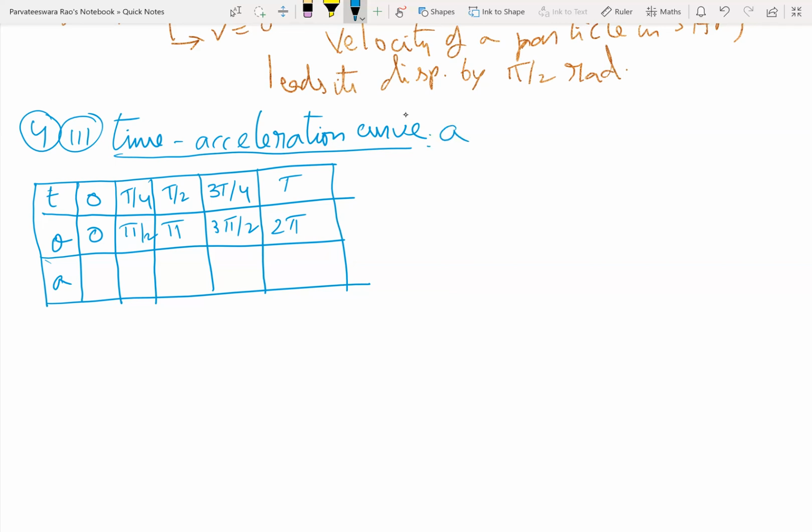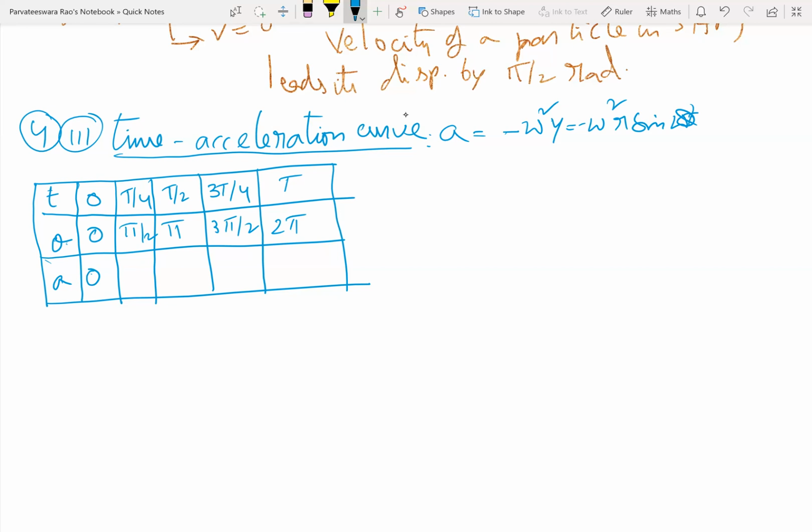And acceleration formula is minus omega square y, that is minus omega square R sine theta. So theta 0, sine 0 is 0, acceleration is 0.